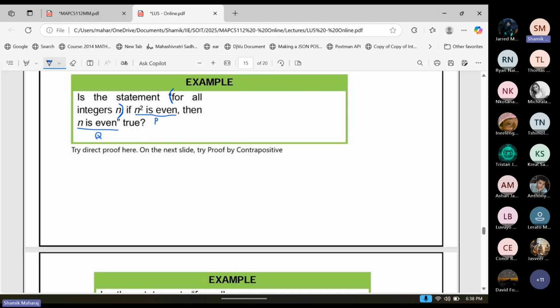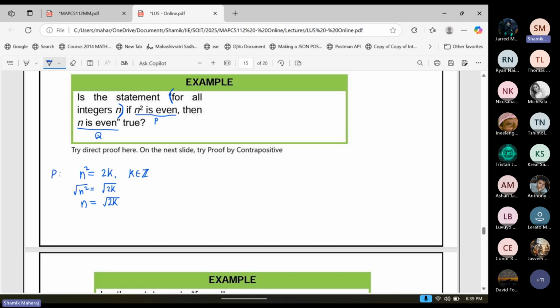So if n squared is even, then n is even. So n squared being even means I write n squared is 2k, where k is an element of the integers. Okay, so that's P. Can I now prove from this that n is even? The way I need to do that is to make an n from this equation. That means I have to take the square root of both sides. If I do that, on this side I will end up getting n, and on this side I will end up getting the square root of 2k.